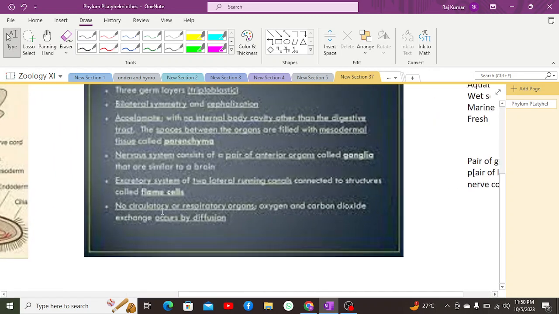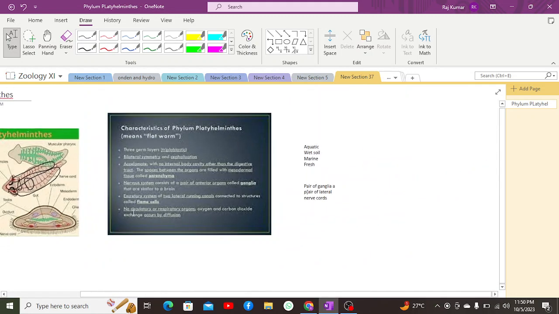When it comes to the excretory system, it consists of two lateral running canals, which further divide into several blind end tubules. The blind ends have a cup-shaped cell, also known as the excretory cell of platyhelminths, which is the flame cell or protonephridia, involved in the formation of the excretory system.